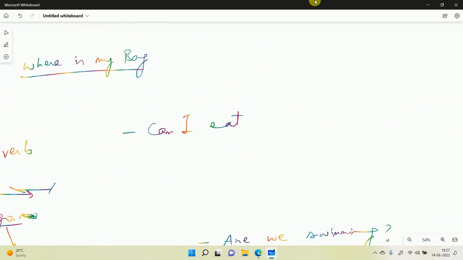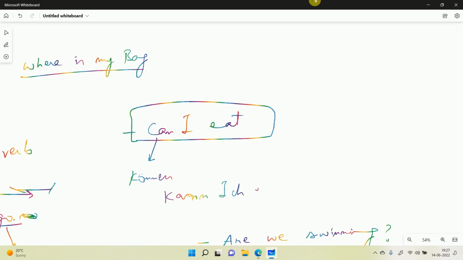Can I eat? Somebody give it a try. At least tell me what modal verb should I use here for can. It could be können, so it will be kann ich essen. Yes. Kann ich essen. Perfect.